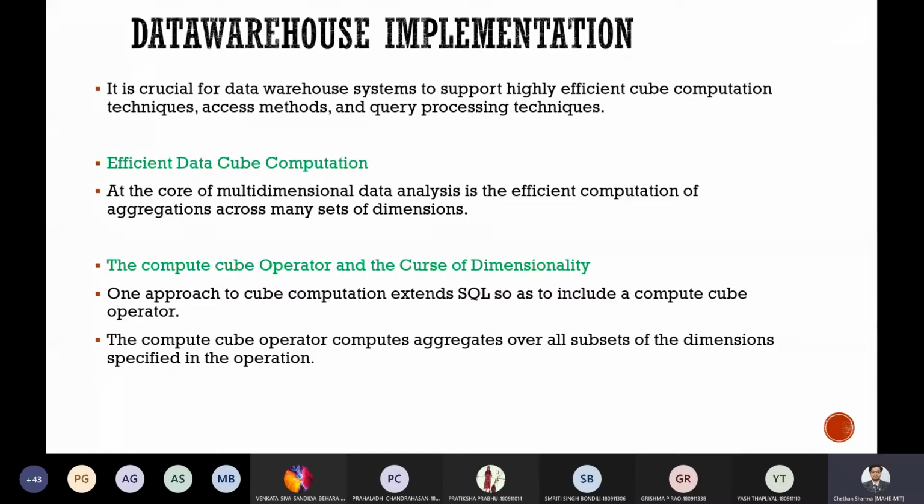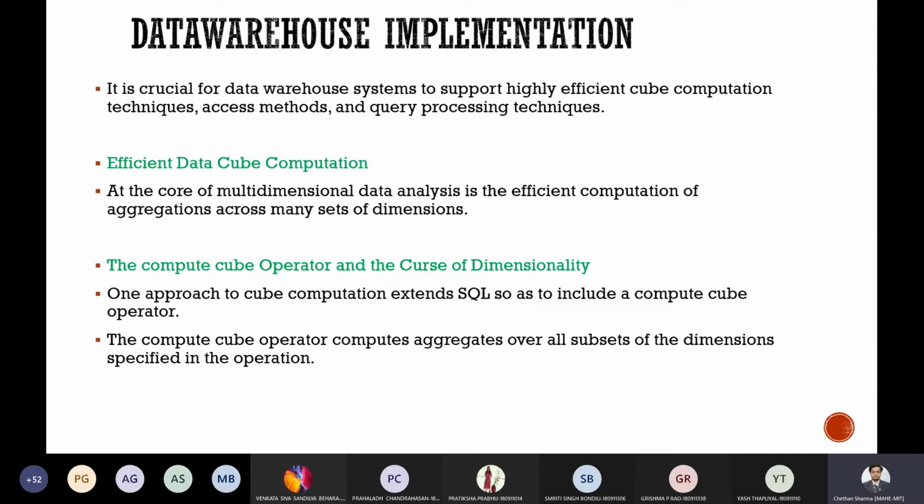Each group by operation can be represented by a cuboid, and a set of group bys, or set of cuboids, forms a lattice. Last time we showed the lattice too, with 0D, 1D, 2D, 3D and 4D.